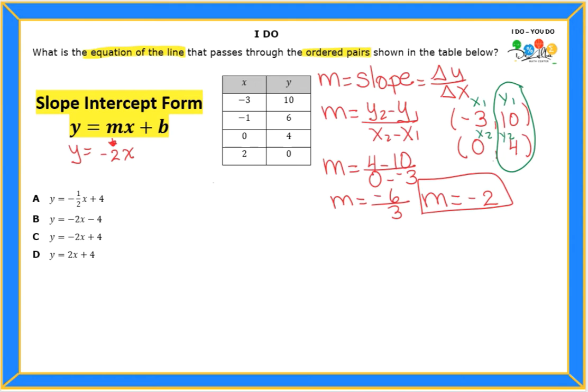Number one is that the y-intercept is the location where the line crosses the y-axis, which means that the x coordinate has to be 0, which is right here. So if the x is 0, then the 4 is my y-intercept.